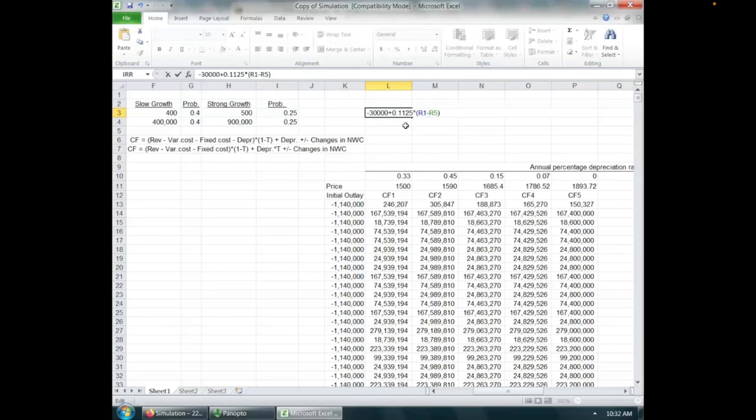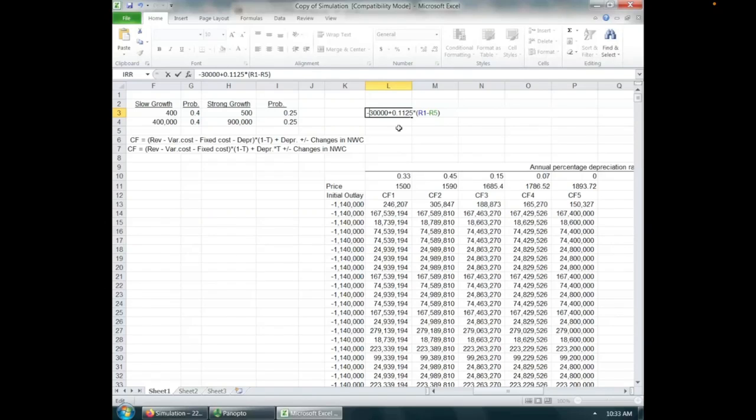Okay, so since this is a negative amount, essentially, and we need to recover a positive amount in year 5, you just need to put a negative sign in front of that expression to get that done. Okay, so let's remember 30,000 plus 11.25 times the difference between revenue 1 and revenue 5.